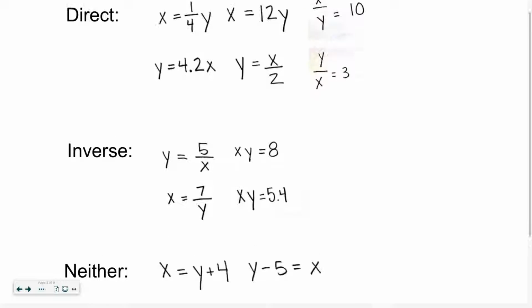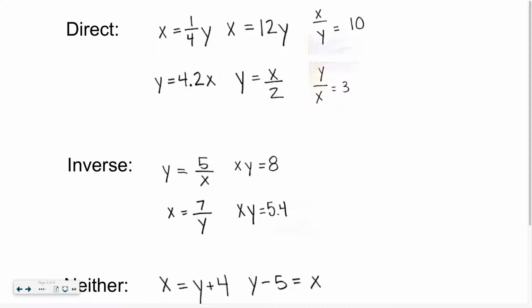Everything else is direct. So there's quite a few direct. Probably the one that gets most often put in the wrong group is y equals x over 2. You want to say inverse because you see division with a variable and a number.